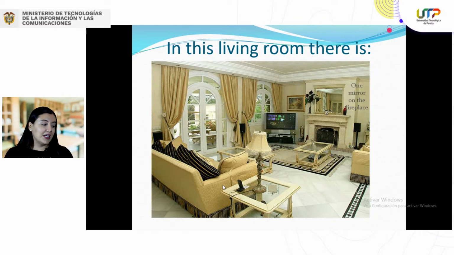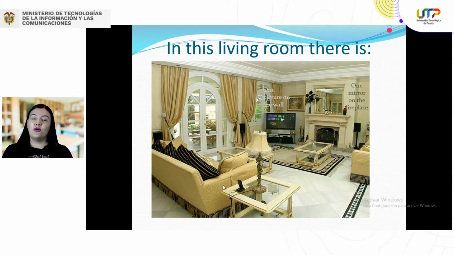Así que en este caso, como hablamos de mirror, miren que inicia con la letra M, usamos entonces el artículo a. ¿Sí? A o 1, recordemos el número, que puede ser también posible. ¿Cómo quedaría entonces la oración completa? There is one mirror or there is a mirror.